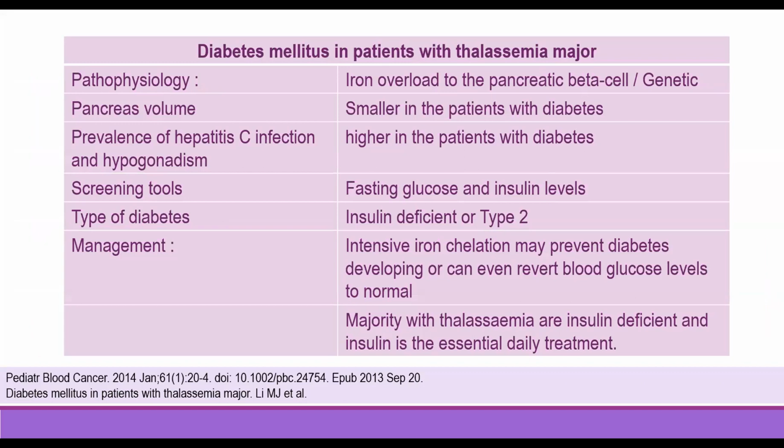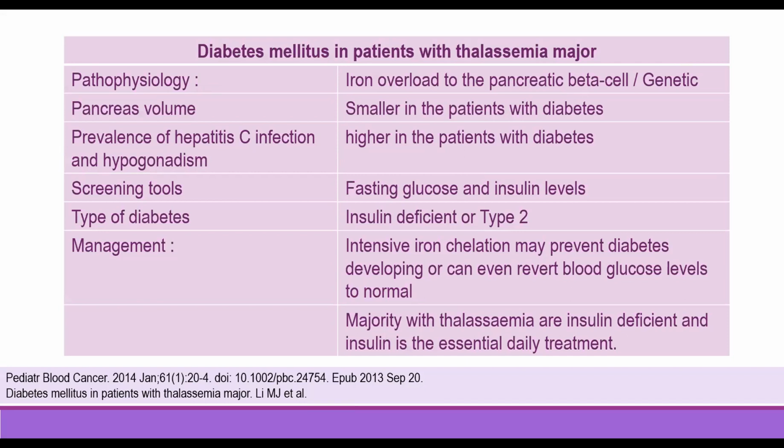In patients with thalassemia major, iron overload is a very important issue, and it leads to many iron overload diseases. Pancreatic volume is low among patients with this iron overload disease, or patients with beta thalassemia major.